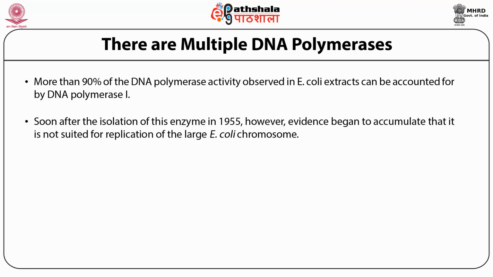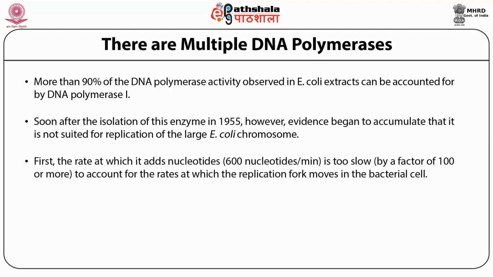The evidence in support of the existence of more DNA polymerases is: first, the rate at which it adds nucleotides, usually 600 nucleotides per minute, is too slow by a factor of around 100 or more to account for the rate at which the replication fork moves in the bacterial cell.